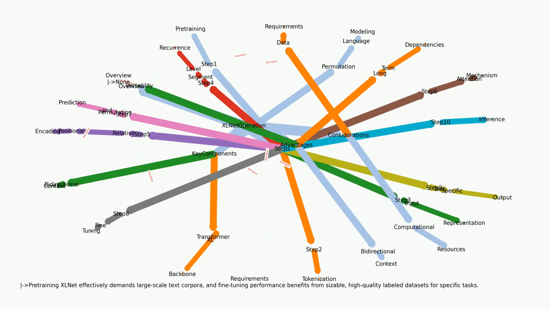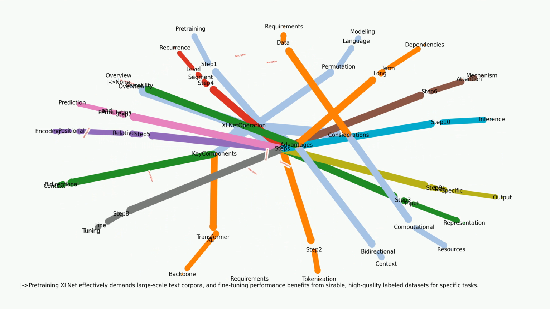Advantages. Bidirectional context. Description: XLNet's permutation language modeling captures bidirectional context without relying on masked tokens, providing a more comprehensive understanding of text. Long-term dependencies.